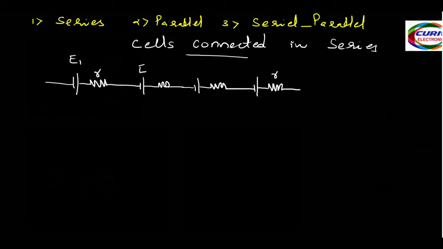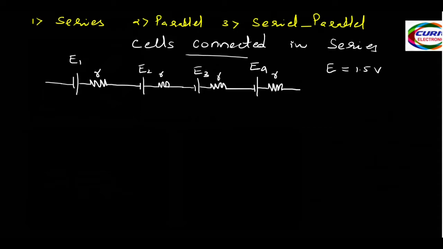This E1, E2, E3, E4 are the potential differences of the first, second, third and fourth cells. And all these are 1.5 volt. Assume that all these cells are 1.5 volt.